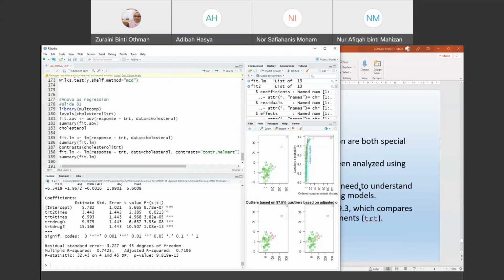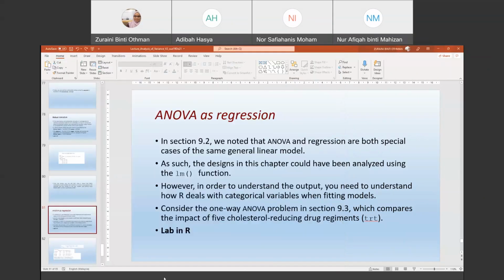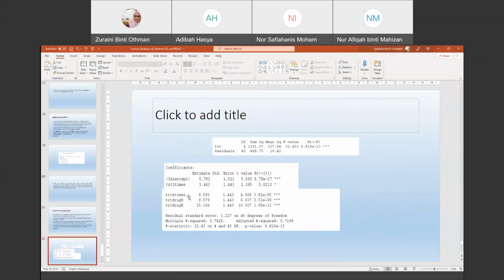Okay, kat sini you can see that this is the intercept and all the values are less than 0.05. Then we can conclude that there is significant difference between each parameter kat dalam tu. Okay, then kat situ, this is by using LM just now.